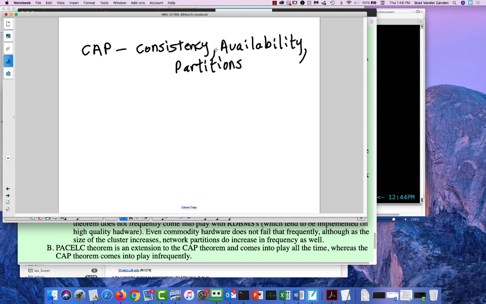Consistency here means that redundant data has the same value, so replicated data has the same values. Availability means that a query will succeed and not hang.